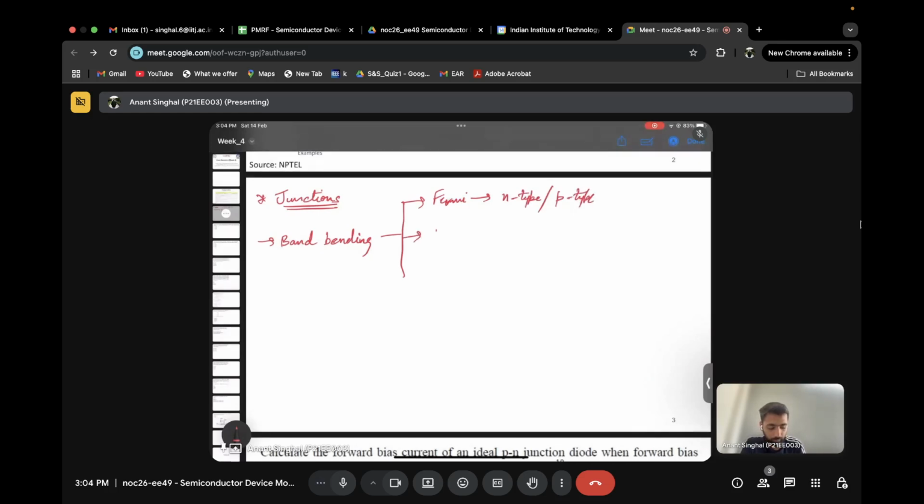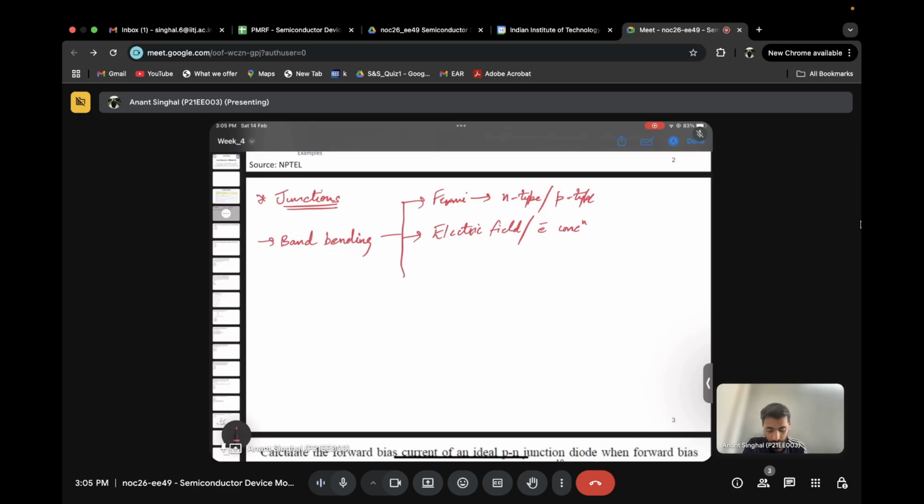Then we can also find out maybe the electric field, or if you see the electron concentration, from the difference in the Fermi level you can detect what the electron concentration is in the particular semiconductor bar.